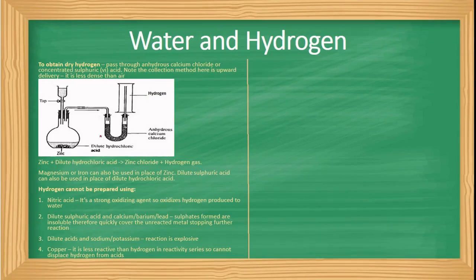This is because nitric acid is a strong oxidizing agent, and therefore the hydrogen you produced in the process will be oxidized to water if you use nitric acid. So there will be not much production of hydrogen in such a setup.